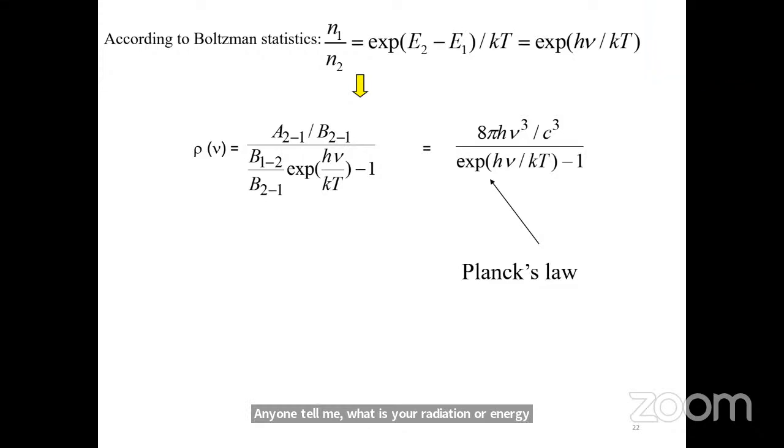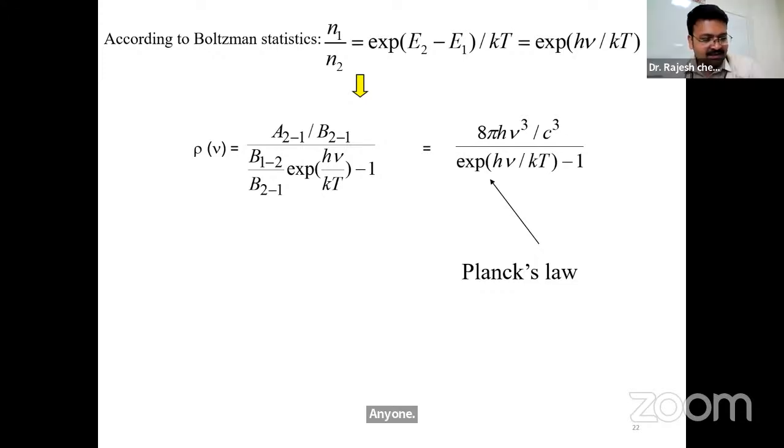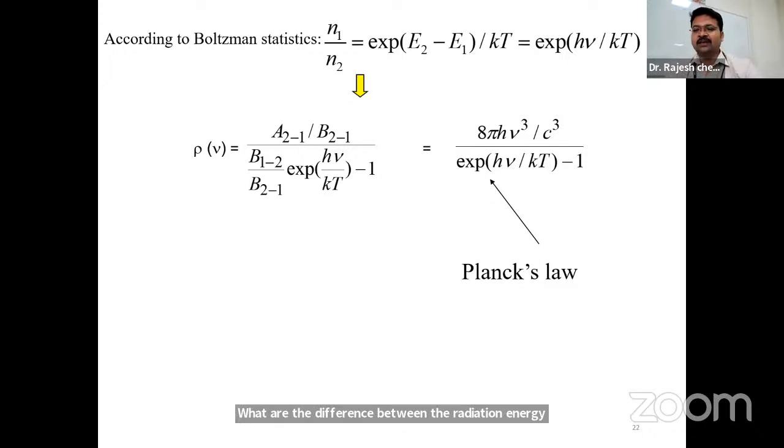Energy, sir. Energy particles or radiation. What is the difference between radiation and energy particles? So you have to go through what the duality of light is. Just Google it. Next class we should understand what light is.